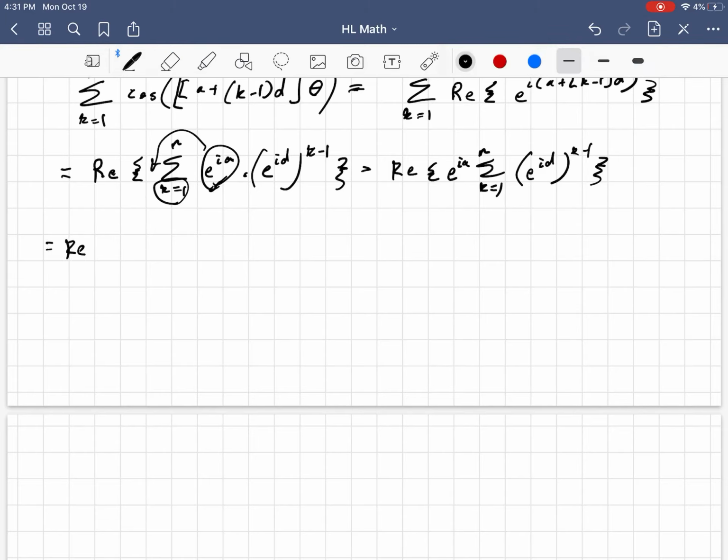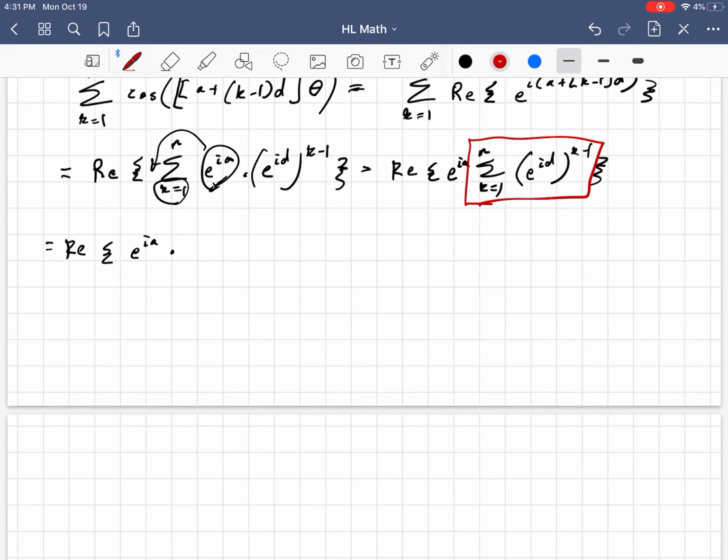The real part of e to the ia times, now this is the whole crux of why we convert to complex here, because this sum now is just a super nice geometric formula, right? It's just the sum of a finite geometric series.